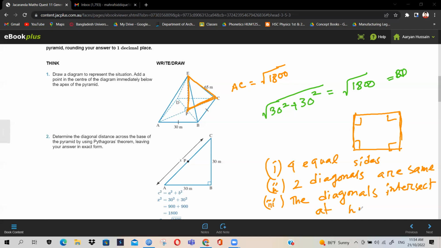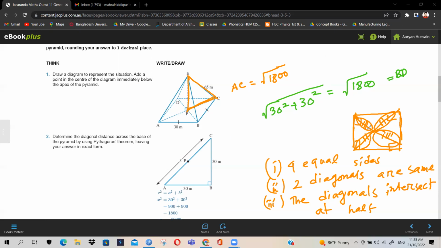I don't know if I have been able to properly explain this, but what I mean is, whenever the diagonals of a square intersect, this bit and this bit will be equal, and this bit and this bit will also be equal. As the two diagonals are the same size, all of these portions will be equal, and all of them will be half of the total diagonal size. Do you understand my point?